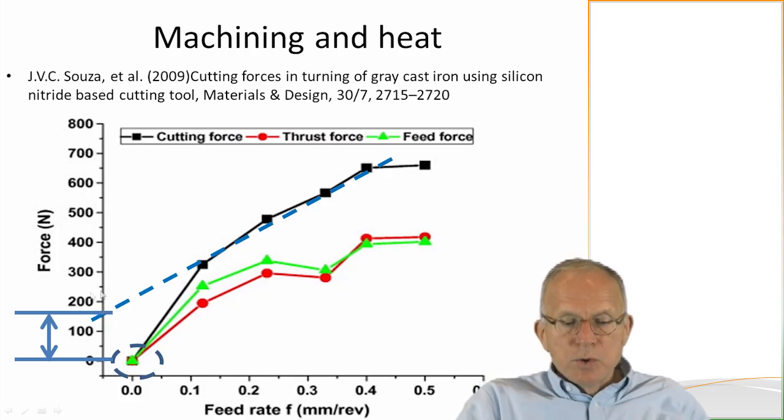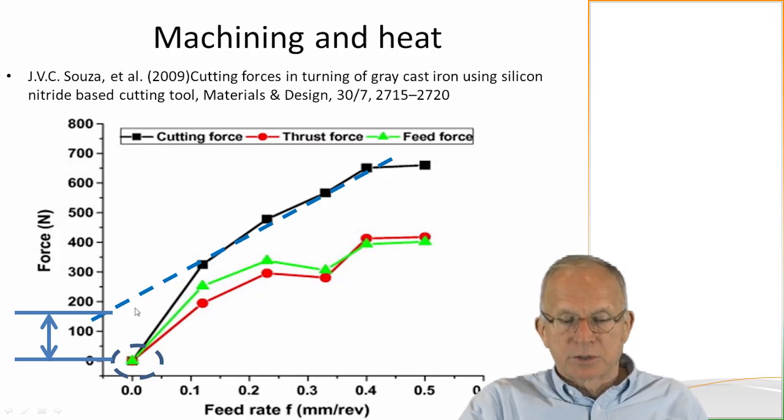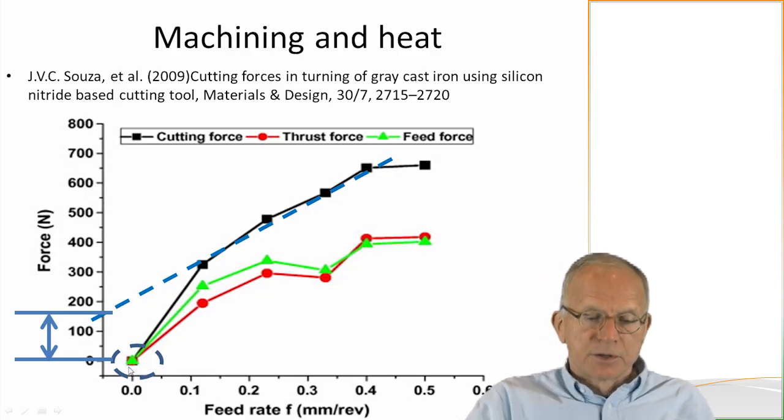Anyway, if we extrapolate back, we've got about 200 newtons of cutting force in this extrapolation, and we know that if the feed is 0, there shouldn't be any. So there's sort of 200 newtons of extra force here. And what is that doing?